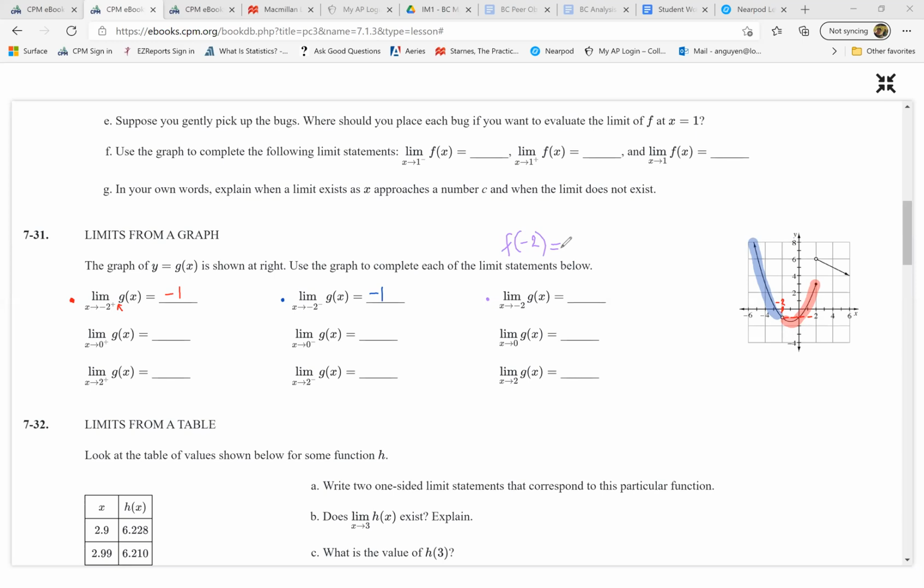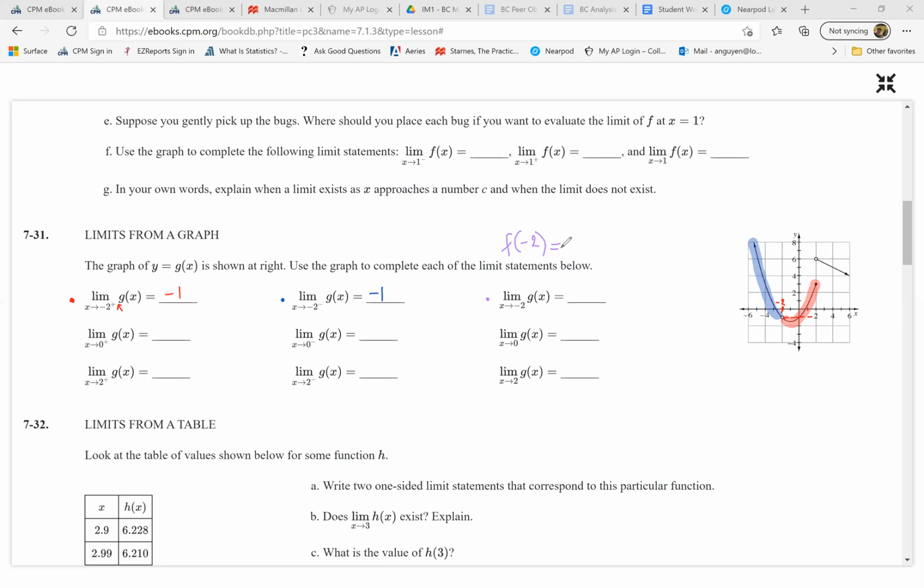So if I remind you, at -2 on the function, what do you see? When x equals -2, what do you see on the graph? An open circle. An open circle means that's the hole right there, right? So if it's an open circle or a hole, do we have the y value? No, we don't have it.